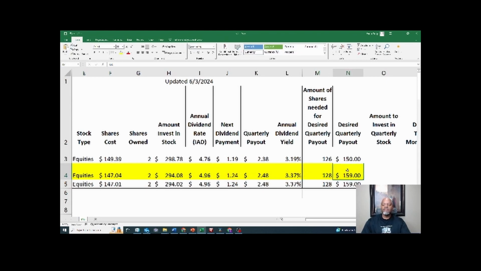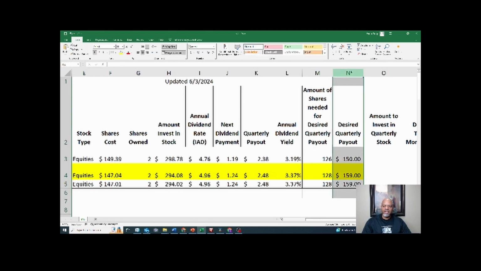I want $159 every quarter to be reinvested back into my stocks, so the stock can keep building itself up. So if I forget to buy a stock at the end of the quarter, like in June, they'll be paying me $159. But in order to get here, I need to have 128 shares in order for me to get this payout of $159.